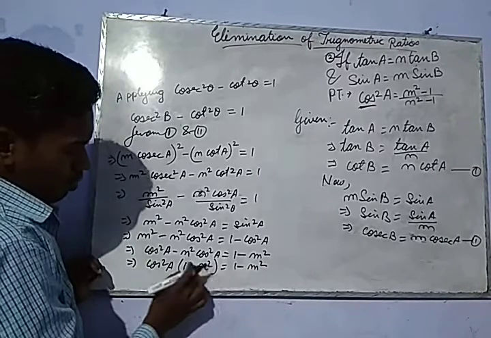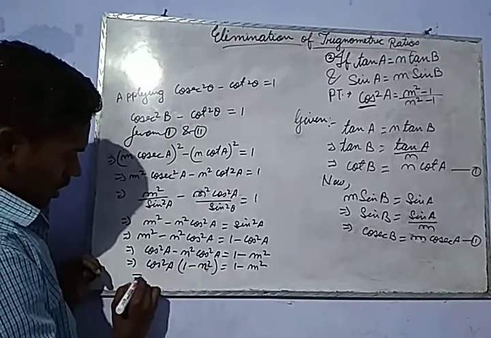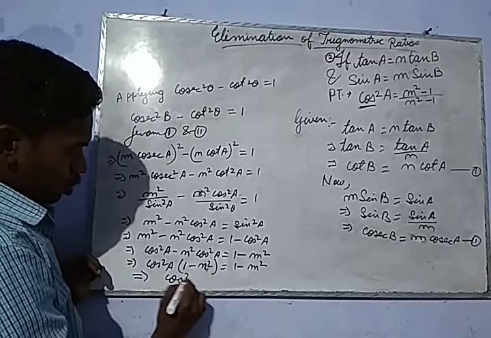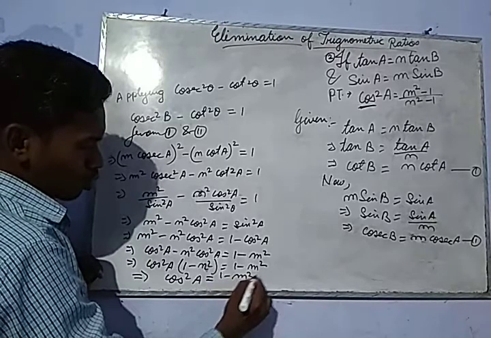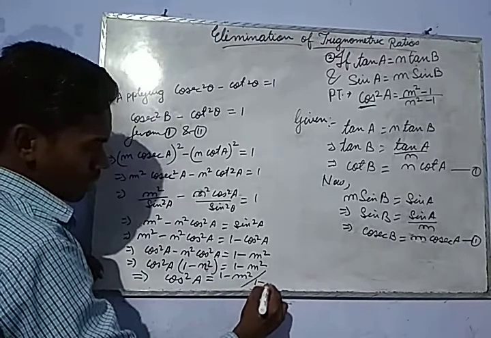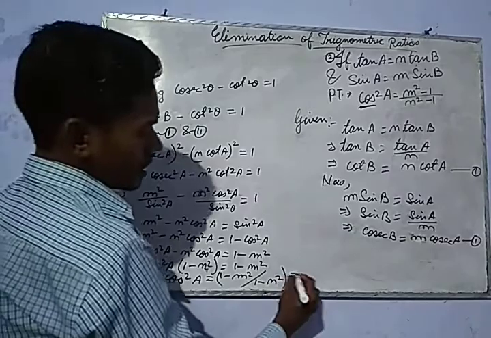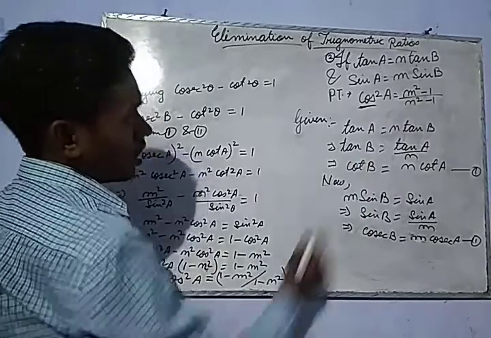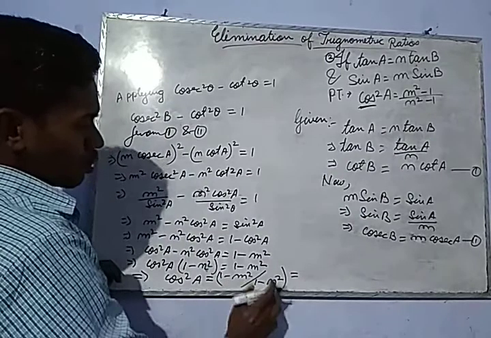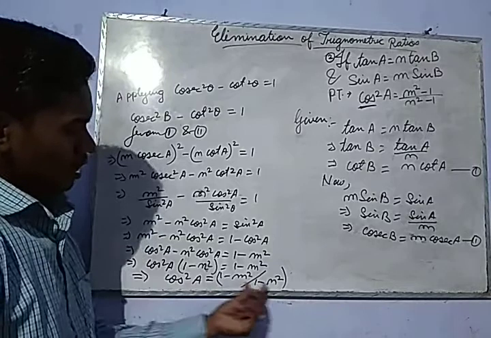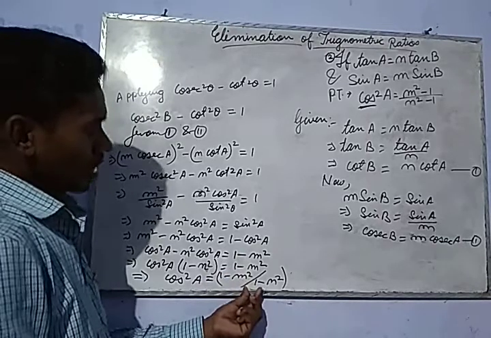Now we can take this 1 minus n square to the other side, and we get the result cos square A equals 1 minus m square upon 1 minus n square, and we see that the result should be equal to our RHS. If we don't get it directly, we take minus common on both the numerator and the denominator.